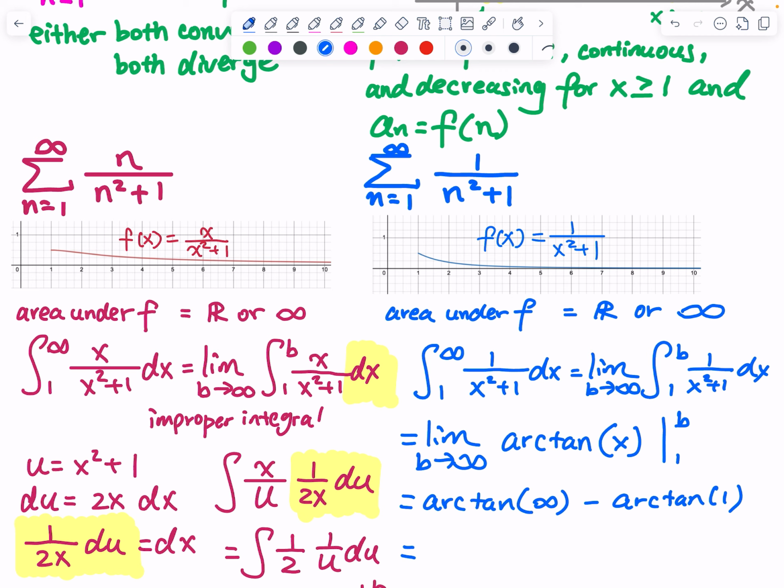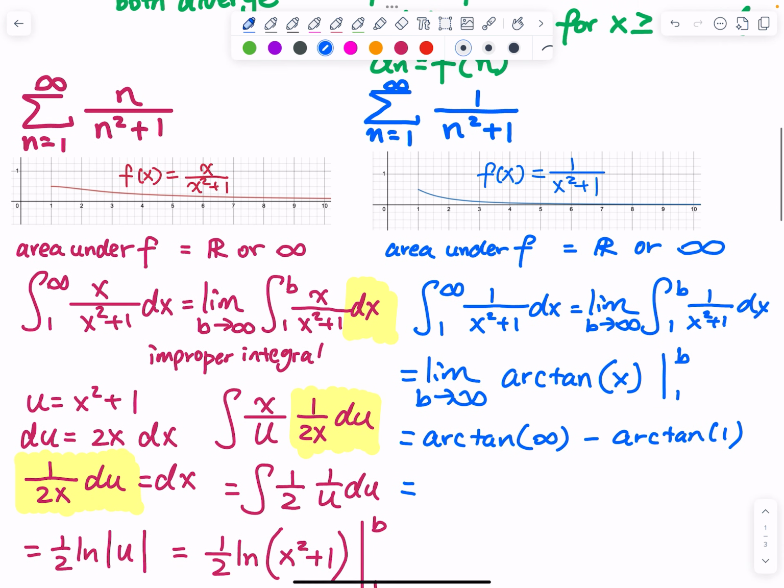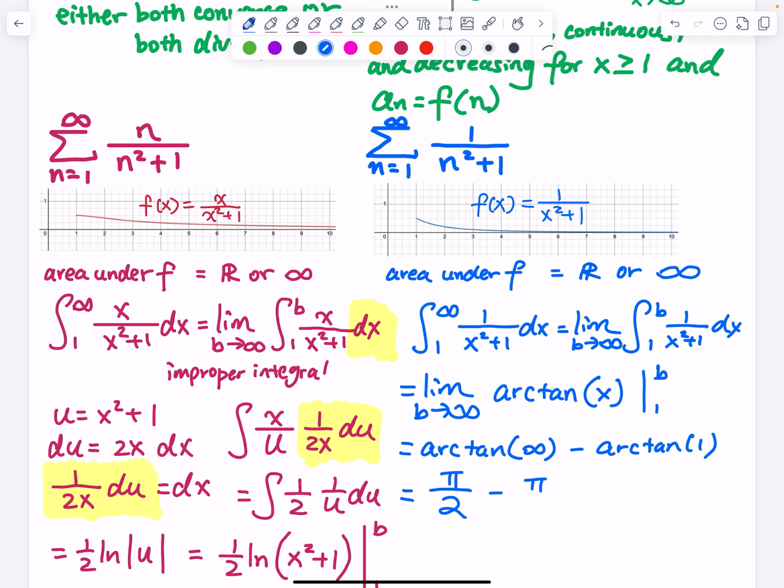When x approaches negative infinity, we have a horizontal asymptote at negative pi over 2. So this is pi over 2. And then arctangent of 1 is pi over 4, because tangent of pi over 4 is equal to 1. So pi over 2 minus pi over 4, you have 2 pi over 4 minus pi over 4, that is equal to pi over 4.